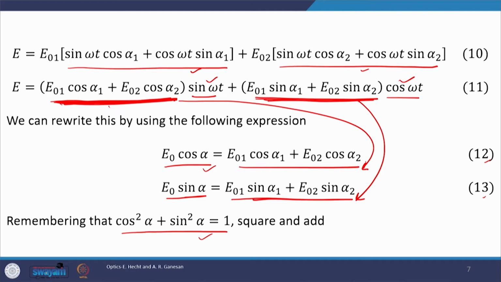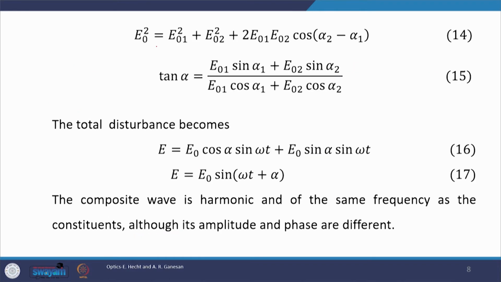From equation number 12 we can get the expression of cos alpha. We just divide the left and right hand sides of equation number 12 by E naught, and similarly from equation number 13 we get the expression for sin alpha, square them and then add them up. After squaring and adding we get equation number 14.